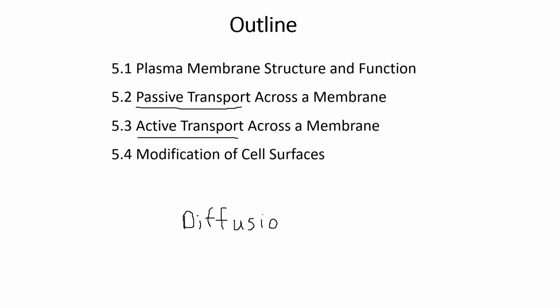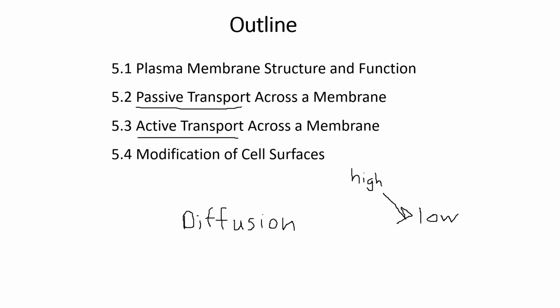And with these passive modes of transport, being as it follows diffusion, diffusion is movement of things from a high concentration to a low concentration, which makes sense that it is downhill somewhat. If you took a ball to the top of a hill and let go of it, it would roll down the hill.